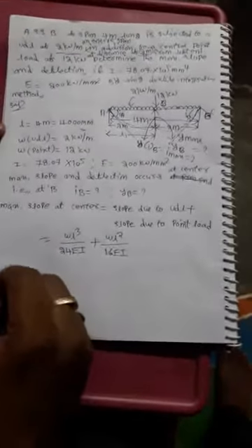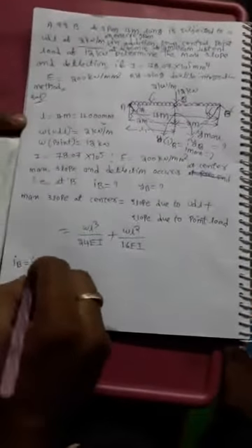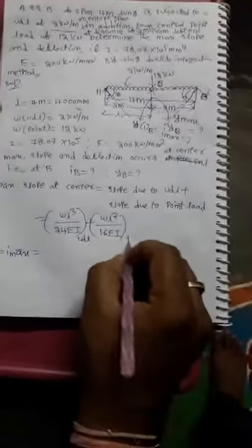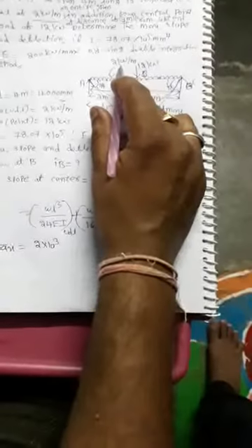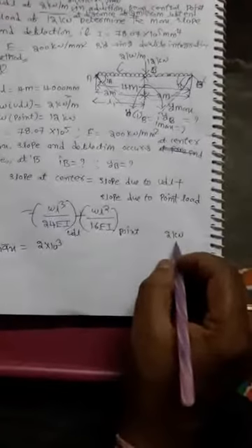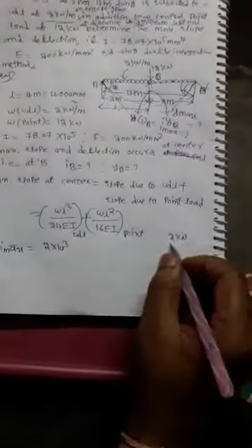So for this beam, the values are substituted in the equation: theta B equals theta maximum equals W L cube by 24 EI for the UDL, plus the point load formula. The UDL load is 2 into 10 to the power of 3, because we convert kilonewtons to newtons.